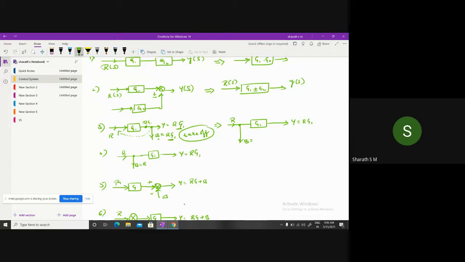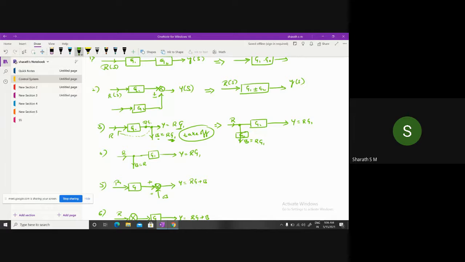Now look at this, we have only R interconnected to B, so that indicates B is equal to R. But initially B is equal to R into G1, that is the variable present in this particular block. Here we have B is equal to R, but we need to make that R into G1. So at this point we need to add a block with the variable name G1. Now here we have R and here we have G1, so that B is equal to R into G1.